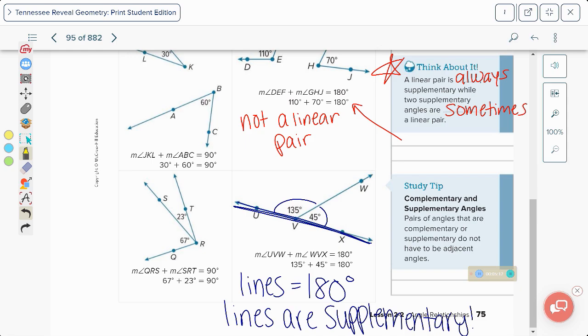However, this next set is, okay? These are a linear pair. So that's the difference there. Linear pairs must be connected. They must form a line. But both of these examples are examples of supplementary angles.